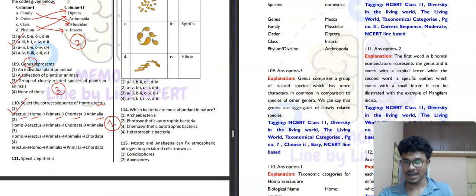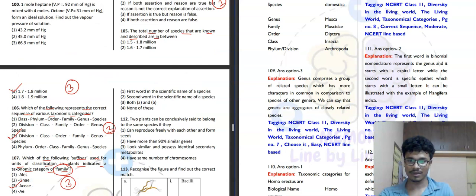It is saying that specific epithet is, and the options are: the first word in the scientific name of a species, the second word in the scientific name of a species, both A and B, or none of these. The second option will be our correct answer. If we write Mangifera indica, this is the scientific name.